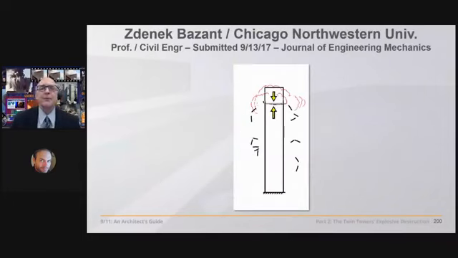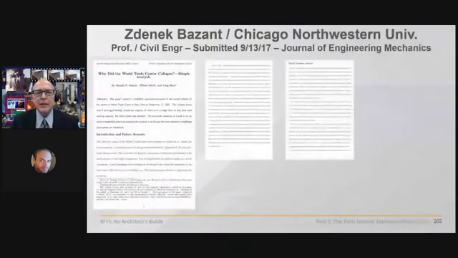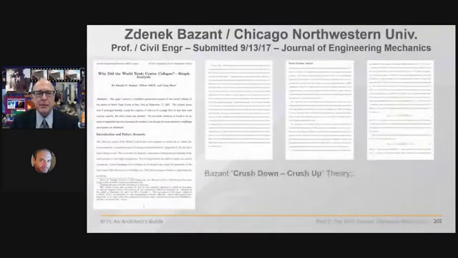Well, this theory comes from Zdenek Bazant from Chicago Northwestern University, who published a paper in the Journal of Engineering Mechanics that was submitted just 2 days after 9/11. It's extremely complex.